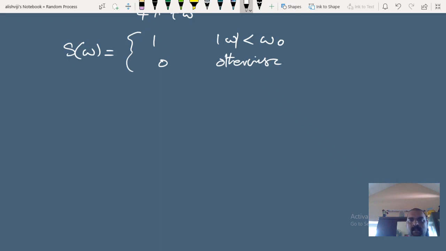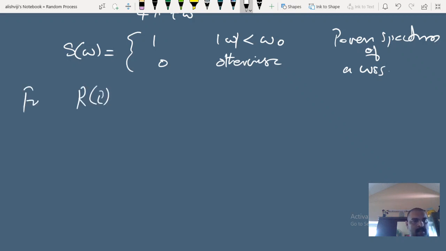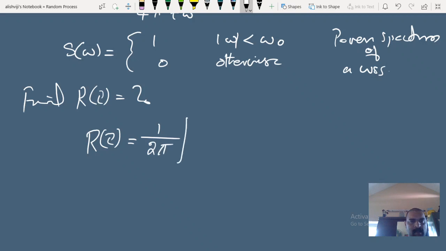So this is the power spectrum of a wide sense stationary process. And what we have to calculate is the autocorrelation function. Find the autocorrelation function. So we know that the autocorrelation function is the inverse Fourier transform of power spectrum.